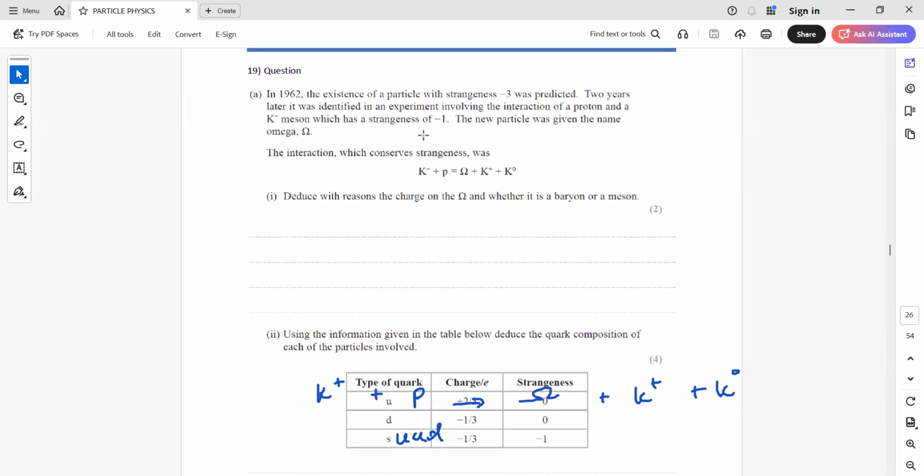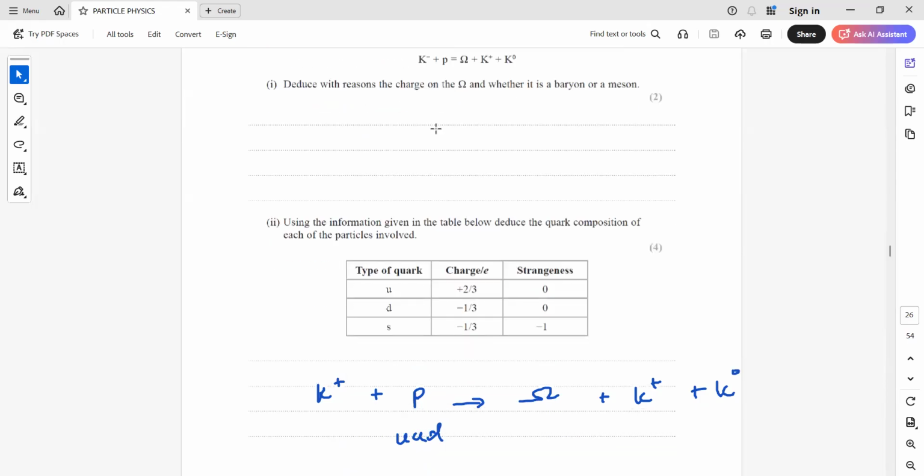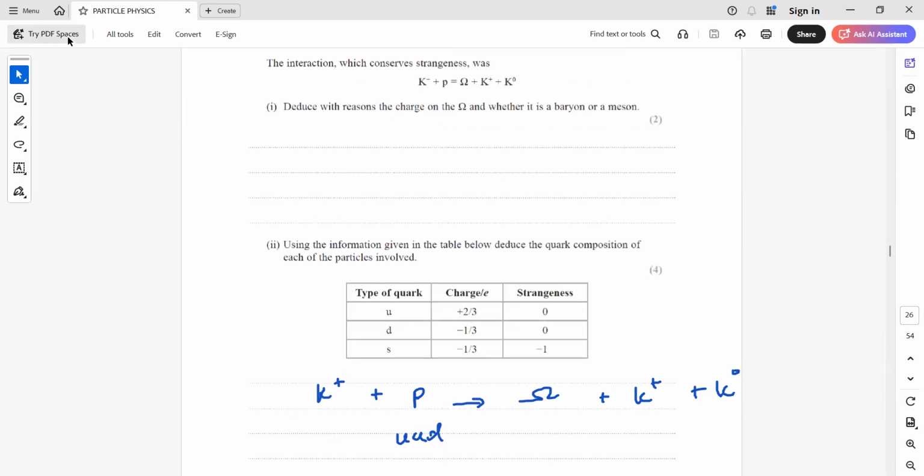it's a meson, and K minus is also a meson with a strangeness number of -1. So this is K minus. By mistake, I put plus. So K minus has a strangeness number of -1.